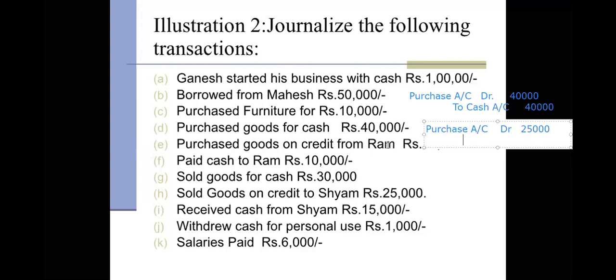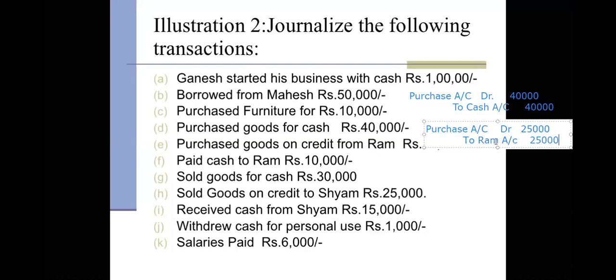So Ram is giver, Ram account credited, because Ram has given to your transaction. So this is how this transaction will be dealt with, because Ram is giver, he is the person.